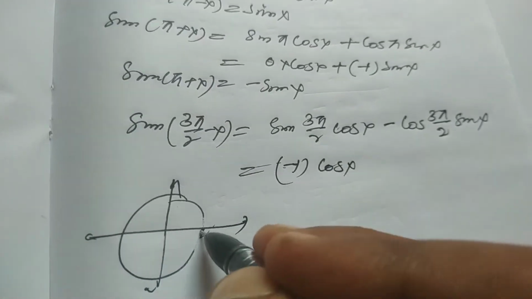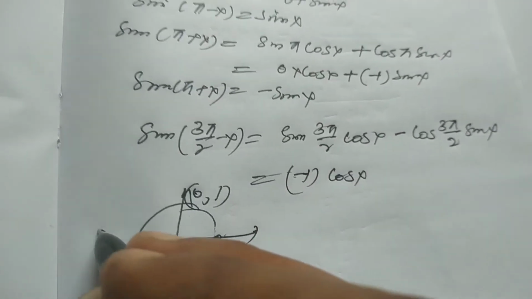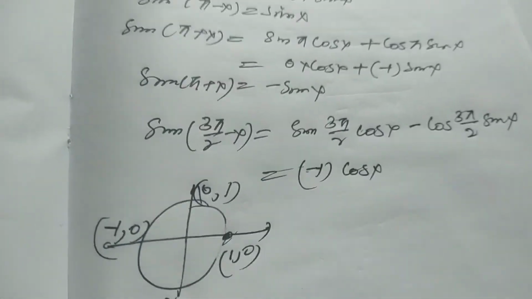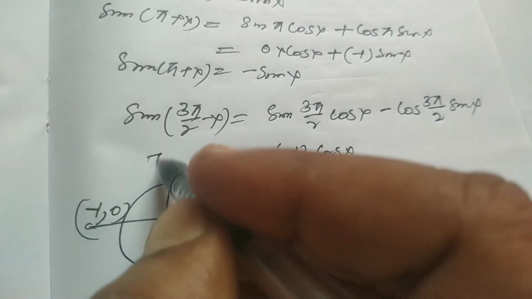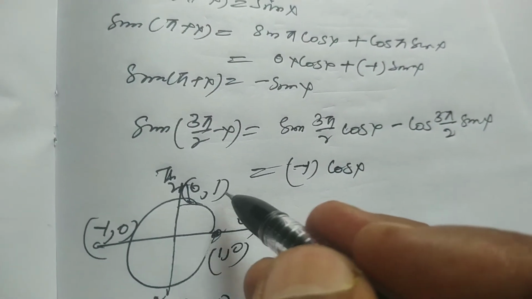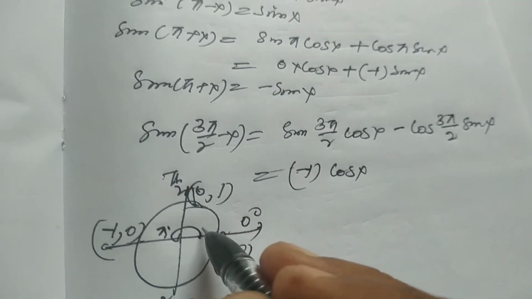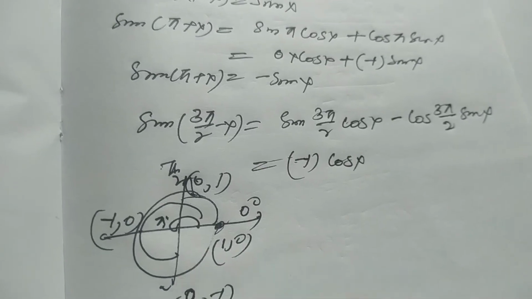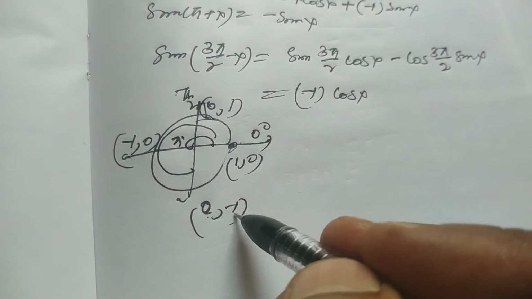That is the unit circle. This is (1, 0), this is (0, 1), and (-1, 0), and this is (0, -1). It is 0 degree. This is pi/2, where cos is 0 and sin is 1. This is pi, and this is 3pi/2, where cos(3pi/2) is 0 and sin(3pi/2) is minus 1.